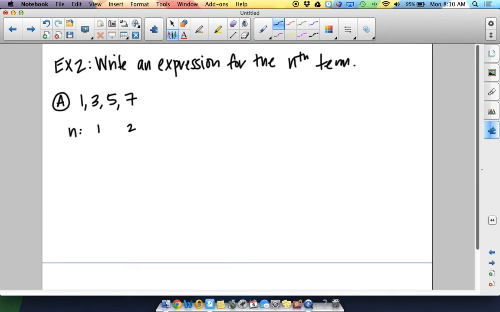So the first, second, third, and fourth term. Sometimes it helps to list those because your rule is dependent upon what term you're on. Then your sequence was 1, 3, 5, and 7. And sometimes what we do is we figure out what's happening in between our terms. So in this case, we're adding 2 each time.